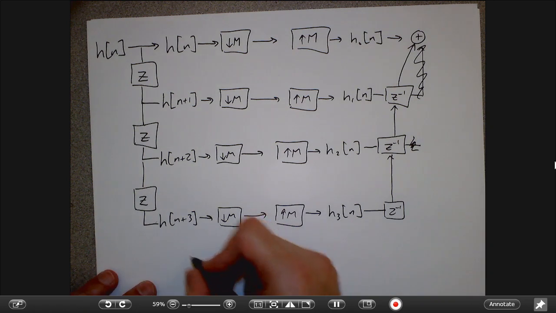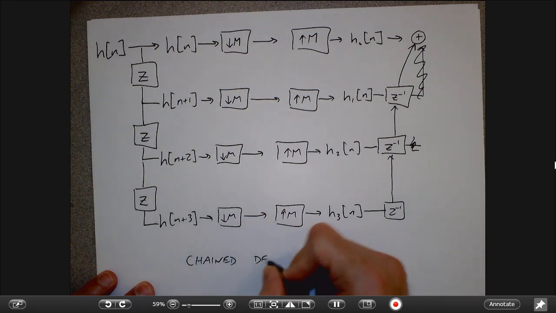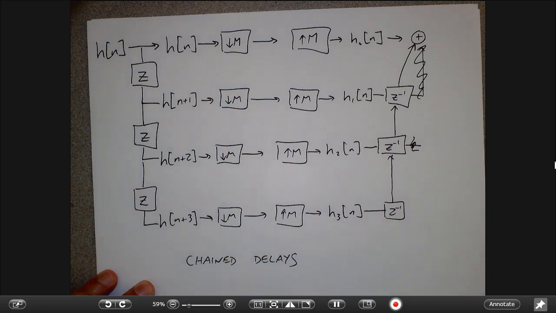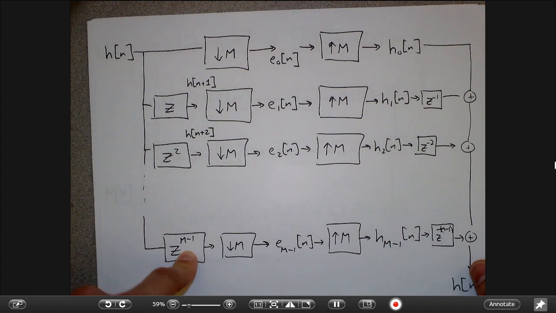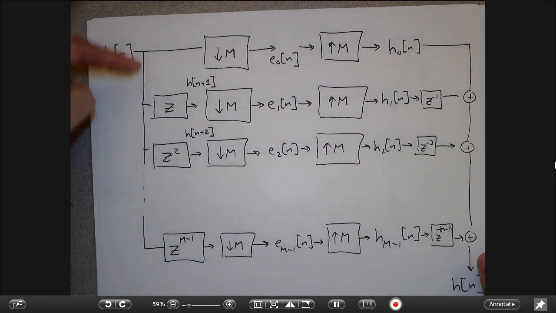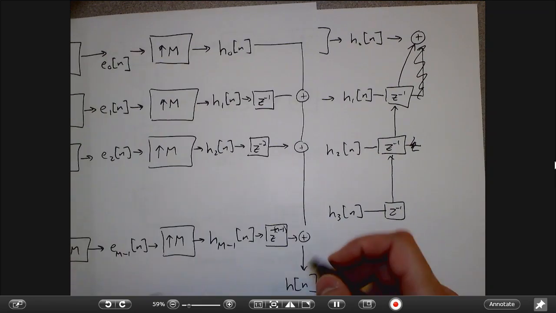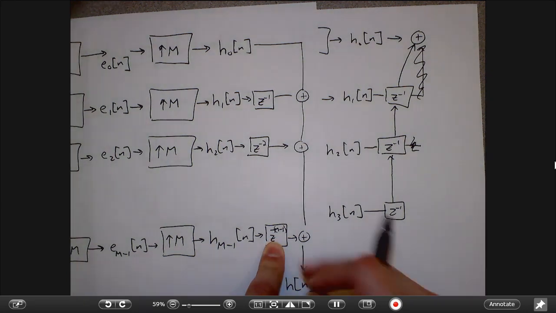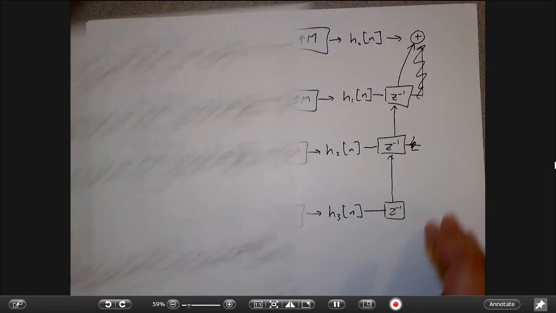And so this is basically the same system with what I'd call chained delays, where instead of having to explicitly delay this guy by some large number of z, I incrementally step through every time, doing a delay by 1, delay by 1, delay by 1. And in the same way here, instead of having to shift this guy by some different amount every time, I just always shift it by 1, and I keep on shifting as I go back to add up.